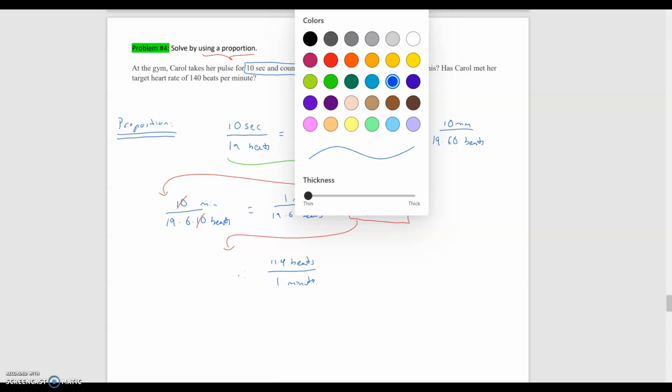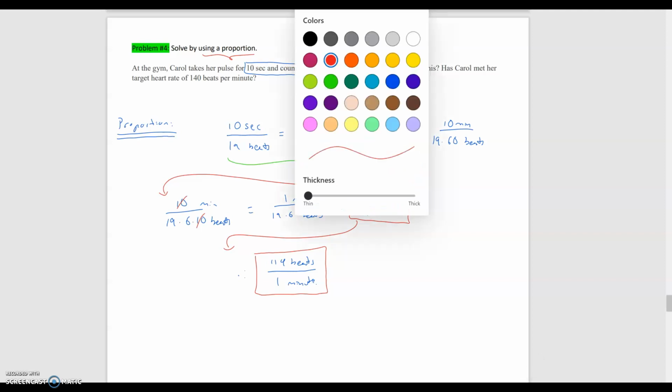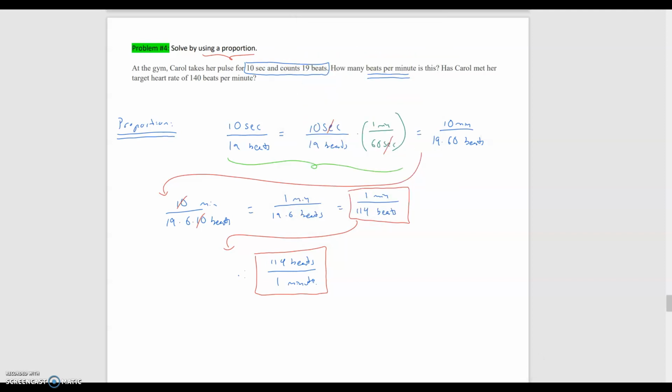So what I'm doing here is reversing the fraction. I'm just putting the numerator on the bottom and the denominator on the top. That's because of the way that they're expressing it. They want us to express it as per minute. So in this case, this will be 114 beats per minute.